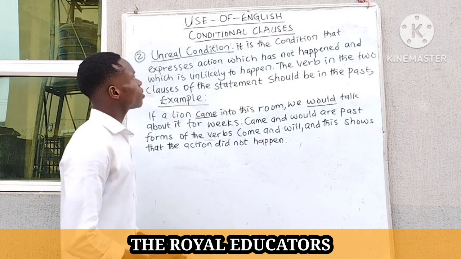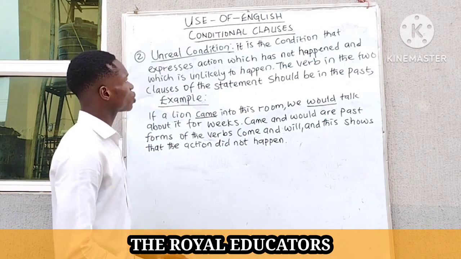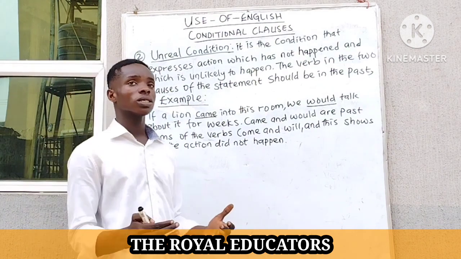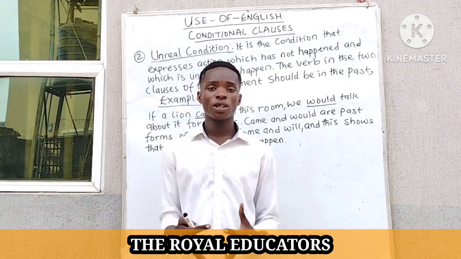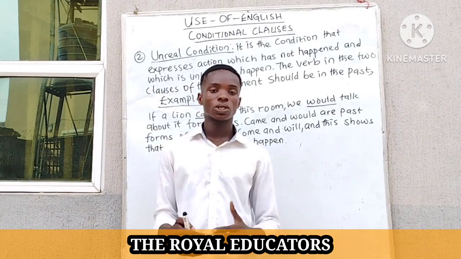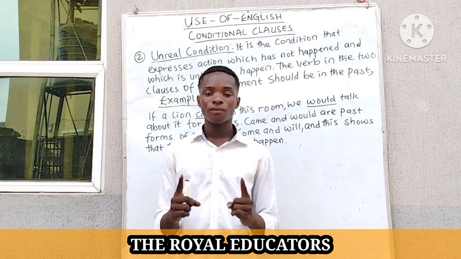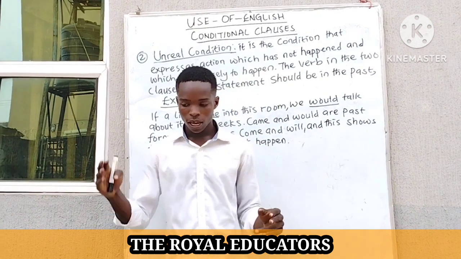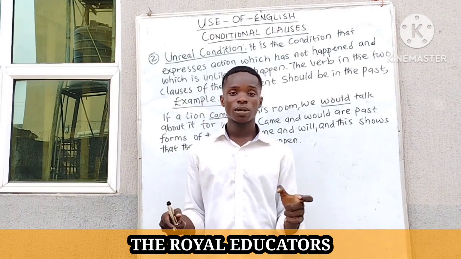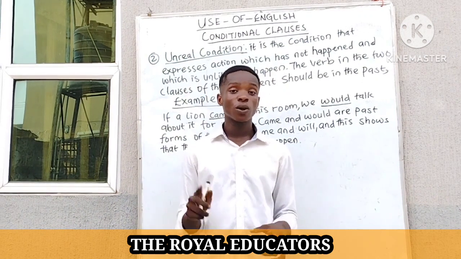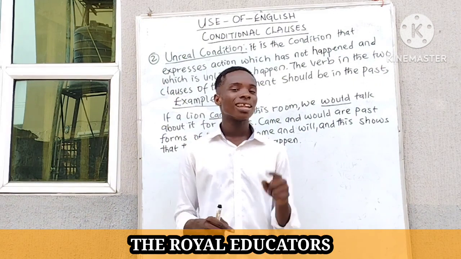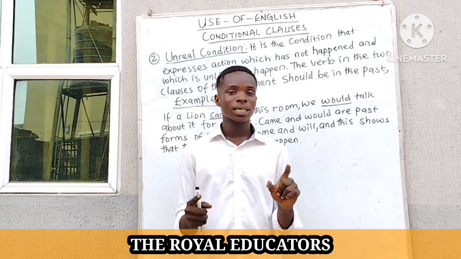The second kind of conditional clause, number 2, is the unreal condition. The unreal condition is the direct opposite of the real condition. In the real condition, we said we have two clauses, with a present tense in the first clause and a present tense in the second clause. In the unreal condition, we also have two clauses. In the first clause we have the past tense, and in the second clause we also have the past tense.